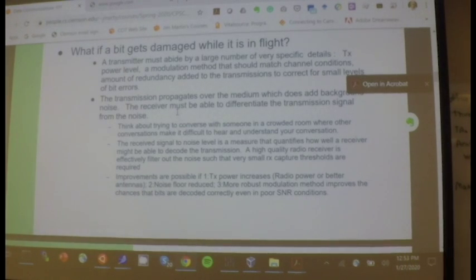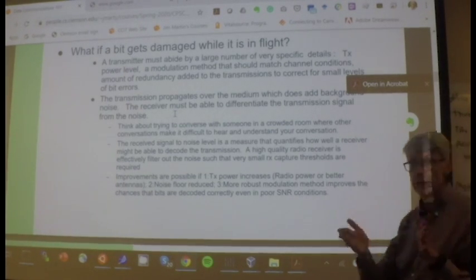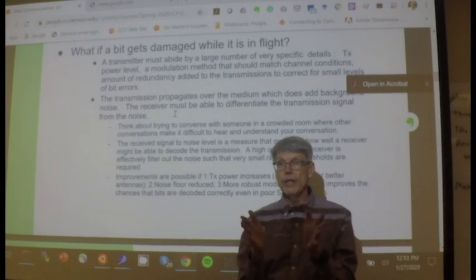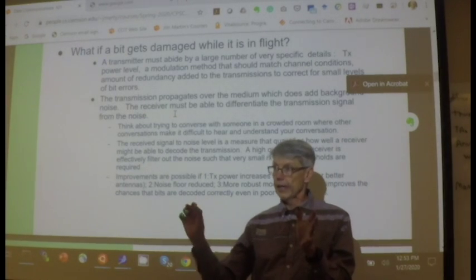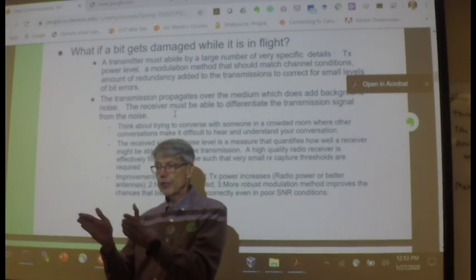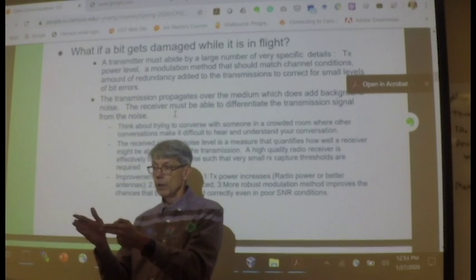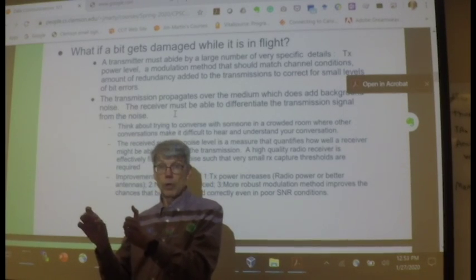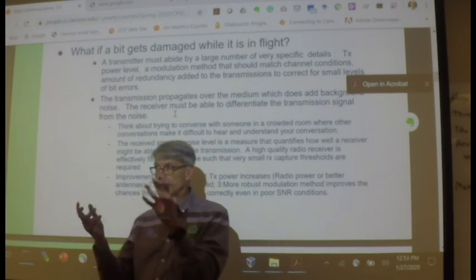In any transmission, there will always be some error checking that occurs. So the receiver is going to receive the data, and then it will most likely perform a CRC, which is basically a checksum.